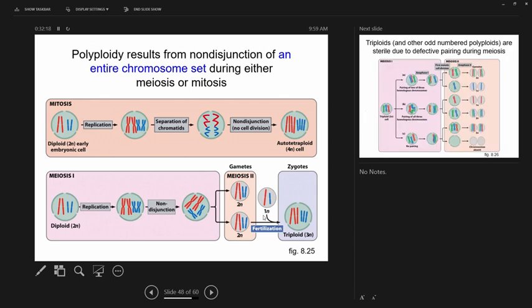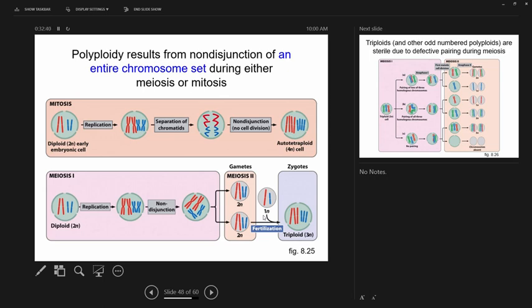Right? So the way that polyploidy usually occurs is when you have non-disjunction due to failed cytokinesis. So if you're talking about mitosis, in an early embryonic cell, here's 2N, replication, now they're replicated chromosomes.